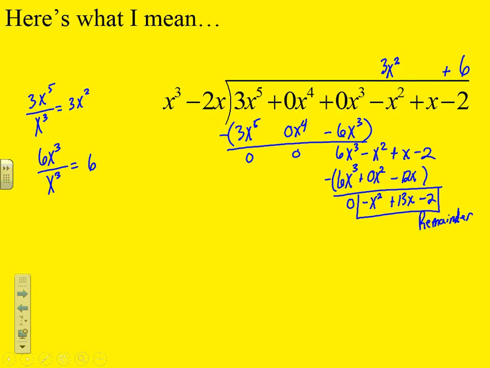And that's okay. We can have a remainder that looks like that because the power of the remainder, x squared, is less than the power of the divisor, x cubed.